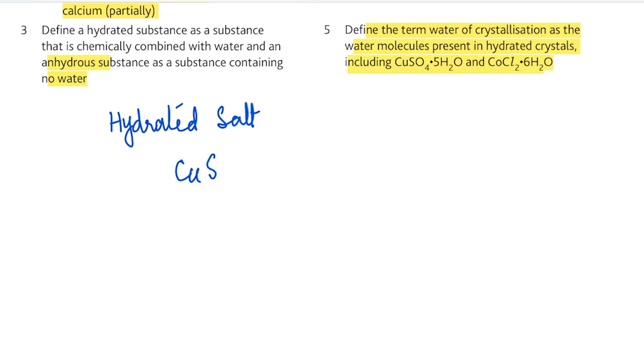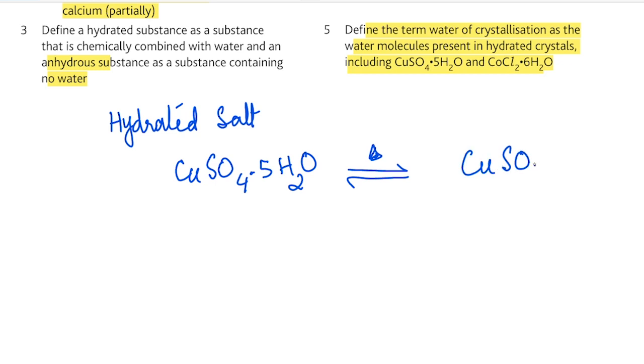CuSO4.5H2O is our hydrated salt, and when we heat it, it will convert into a white powder, that is the copper sulfate. In this, the water is called the water of crystallization.